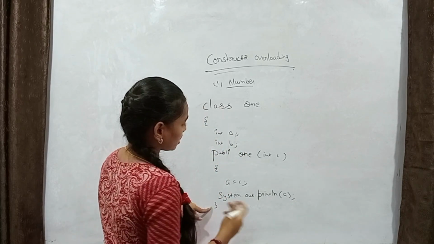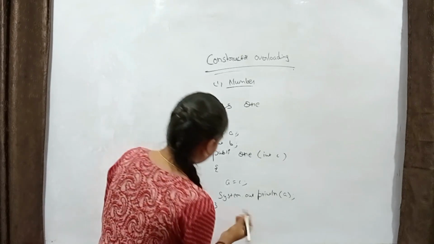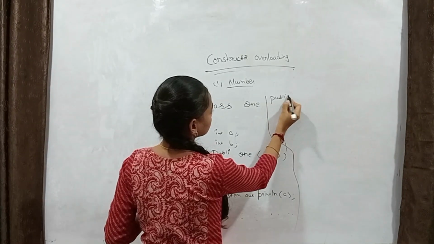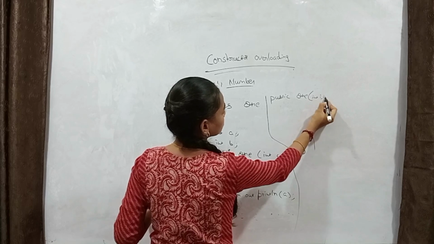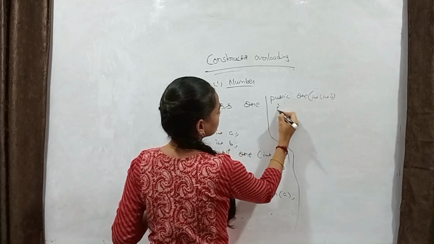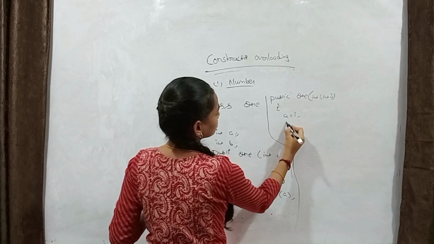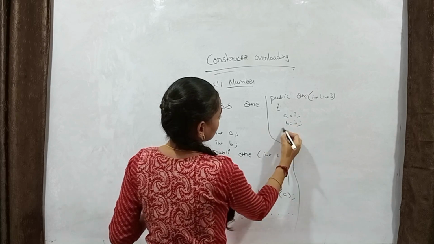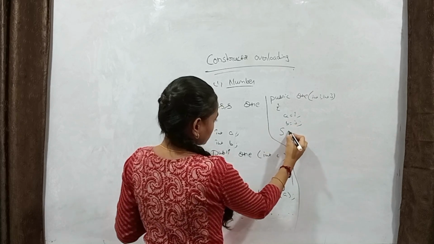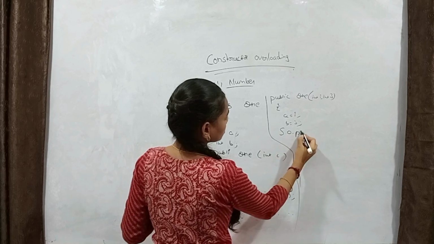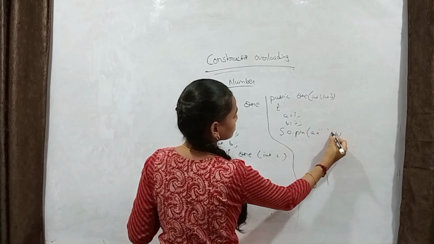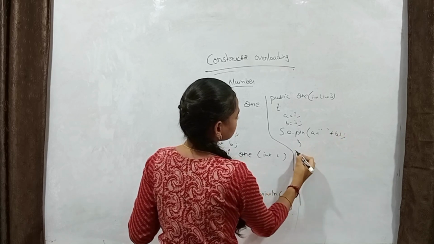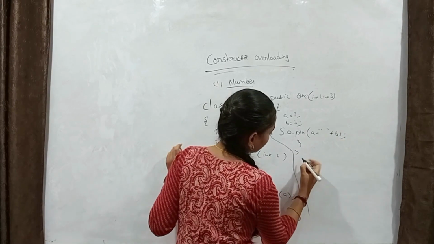And here I create one other constructor, and I print here by using some shortcuts. So here I write the main class.